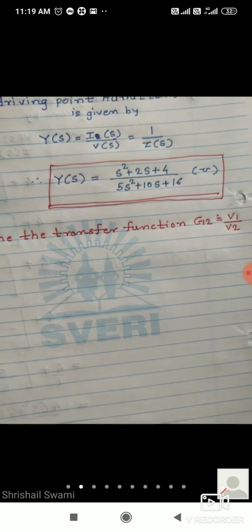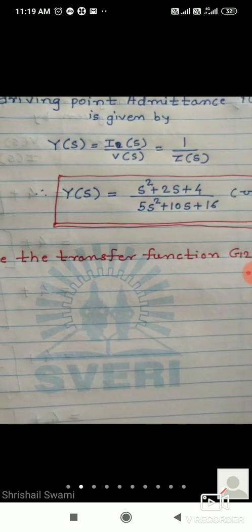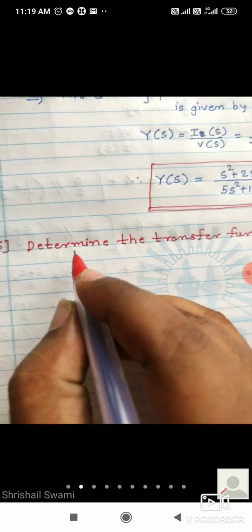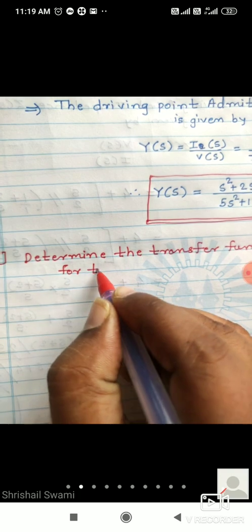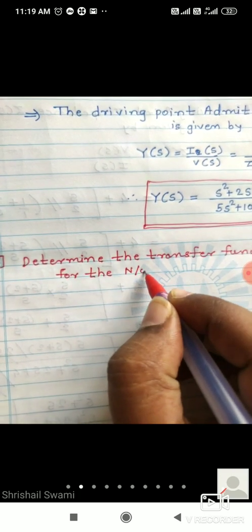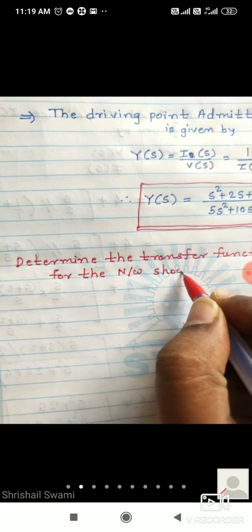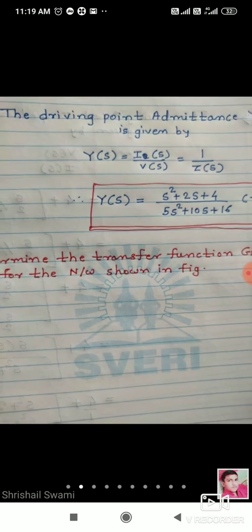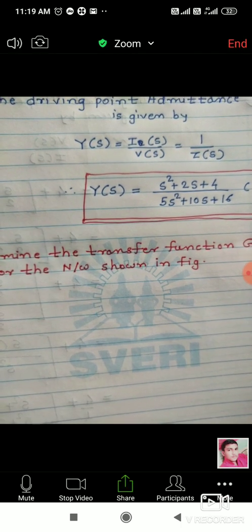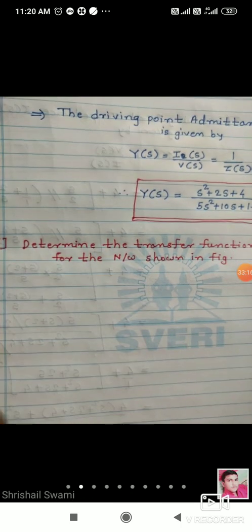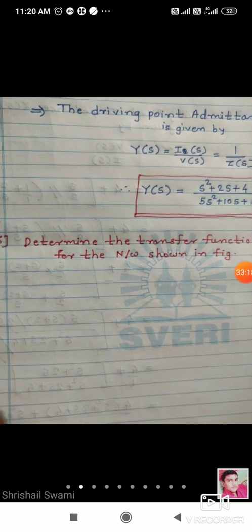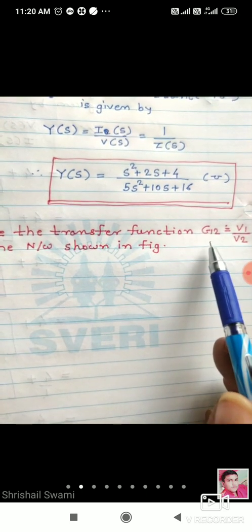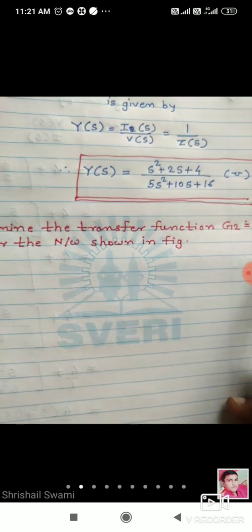This was asked: determine the transfer function G12 is equal to V1 upon V2 for the network shown in figure. Okay, wait. So for the network shown in figure, what you have to find out is the transfer function G12 is equal to V1 upon V2.